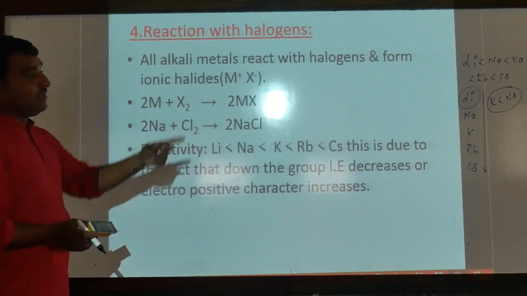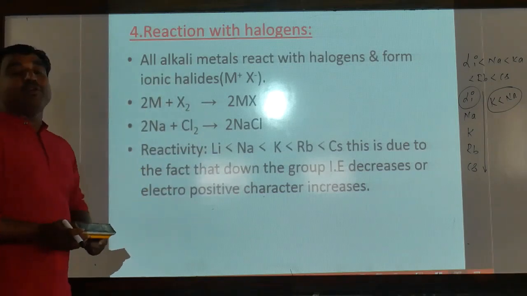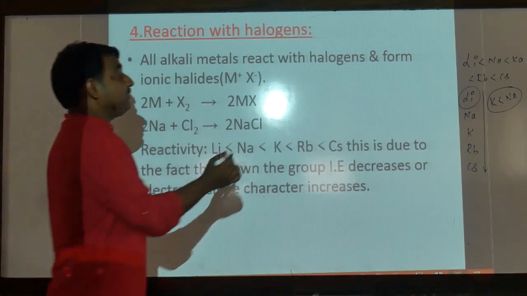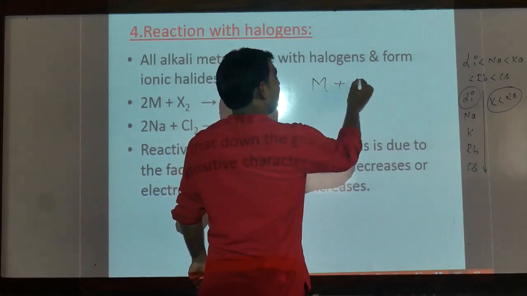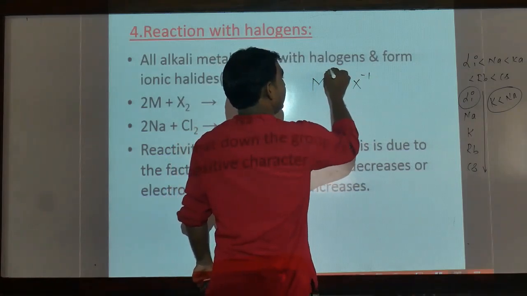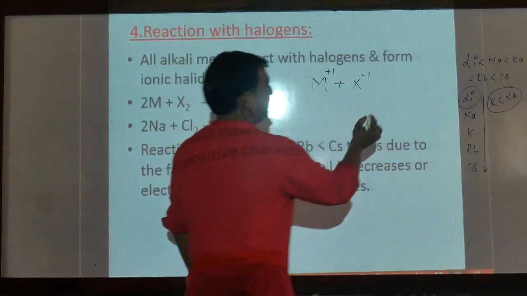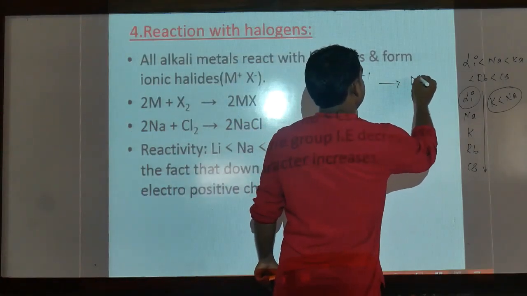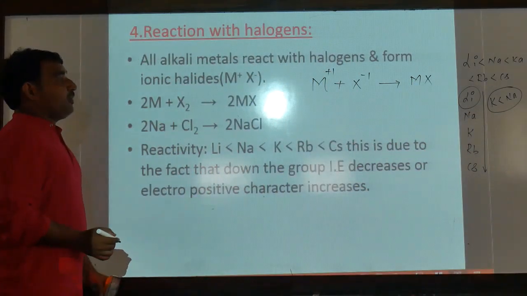So the charge will be +1 and the halogen will be -1. The oxidation state of the first group element is +1, and it reacts to form metal halides.